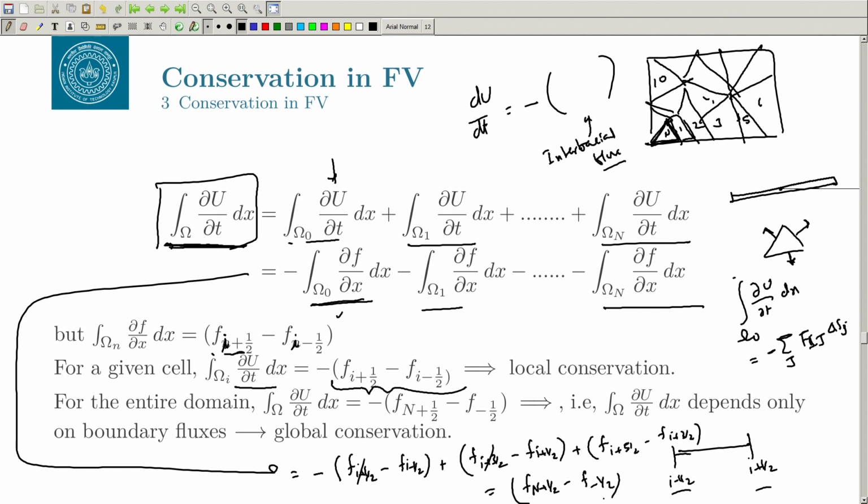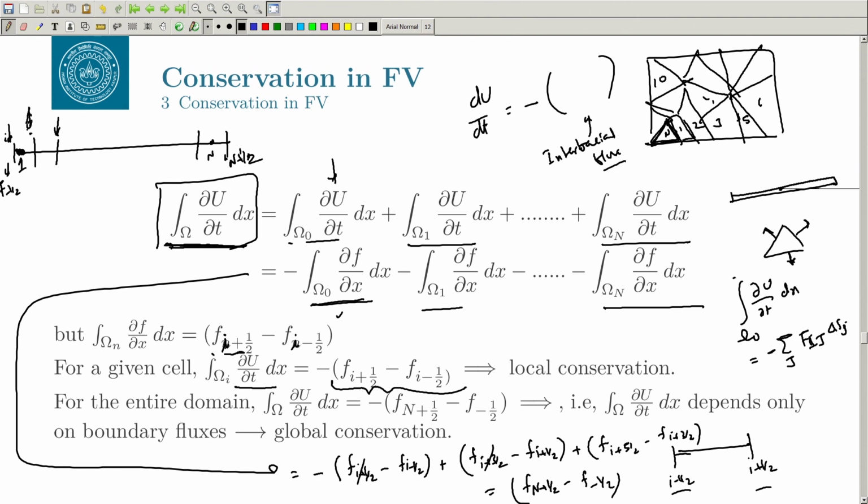That means, if you have a domain like this, this is my cell center 1, and this is my cell center n, so this is my n plus half, and this is my f minus half, the first one. If you integrate the values of fluxes everywhere, for this cell you will have these faces, and for the second cell you have this face and this face.